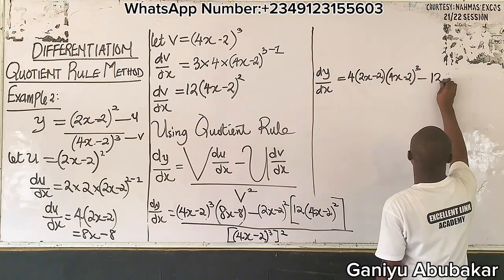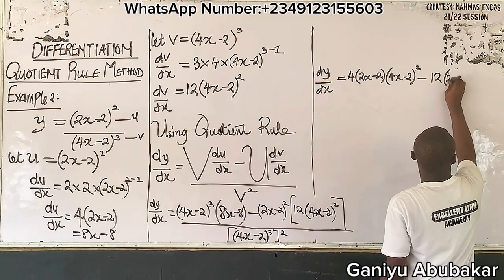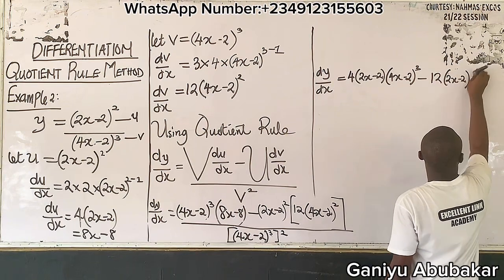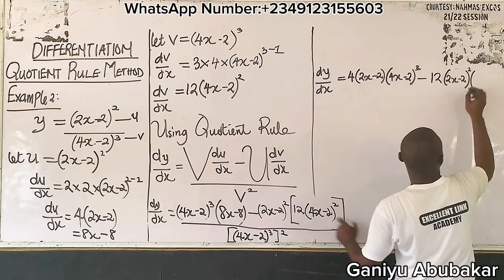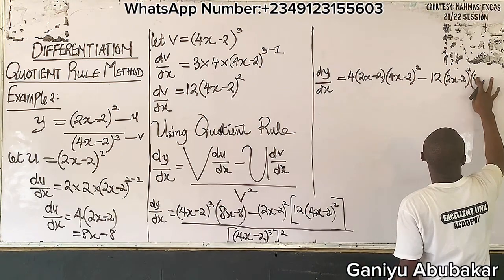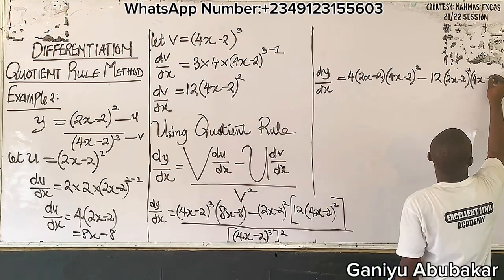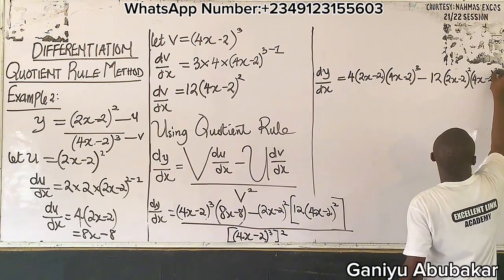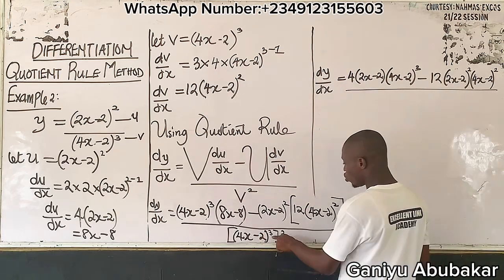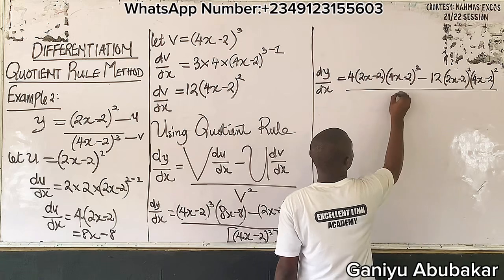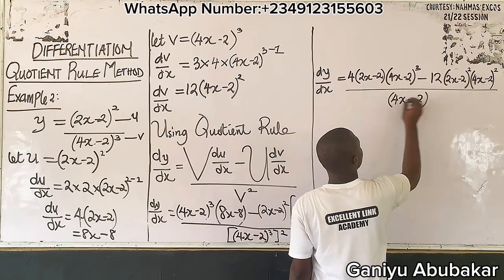This is 12. What next? Pick out this into (2x - 2) to power 2. Pick out the next one, that's (4x - 2) to power 2. So all over, 2 times 3 is 6, so I'll have (4x - 2) to power 6.